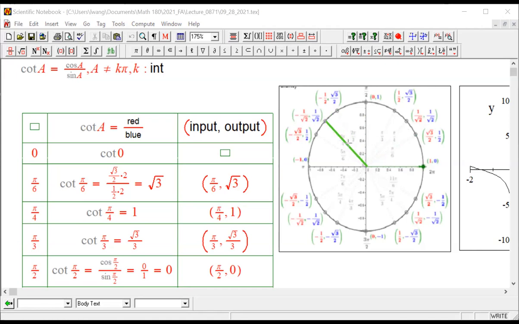So this angle is 3 pi over 4. The reference angle is pi over 4. And at the terminal, you have a negative red number and the blue number. The red number is cosine 3 pi over 4. The blue number is sine 3 pi over 4. So that's how you get it. Are you guys with me? You need to have those thoughts reflected in your mind. You follow me?